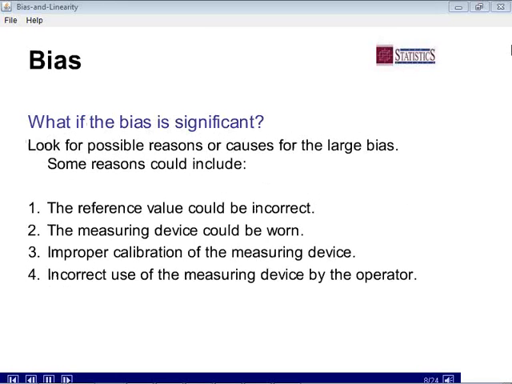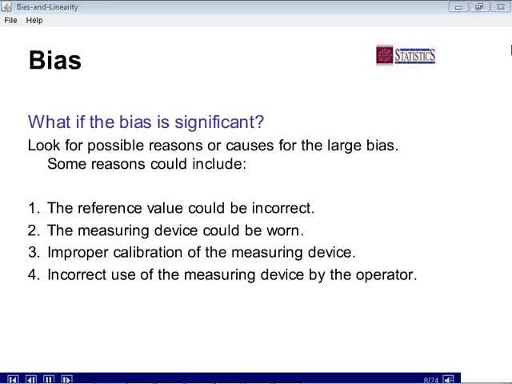So what if, after you do this, and I'll show you an example in a moment, you find bias is significant? You need to look for possible reasons or causes for the large bias. Some of these reasons could include, but are not limited to: the reference value could be incorrect.